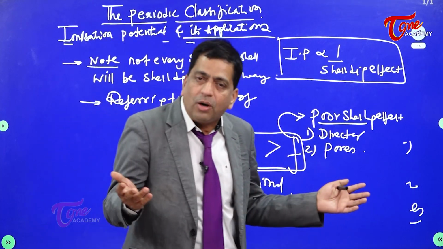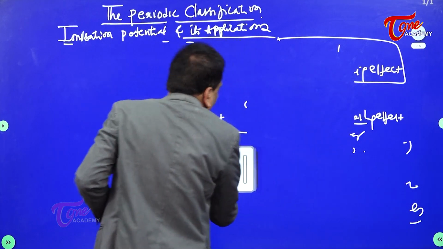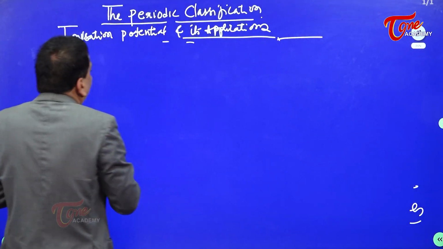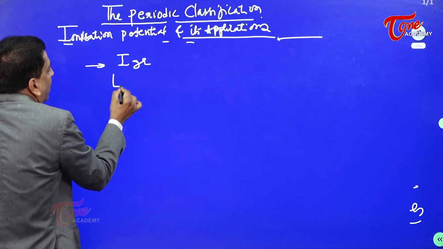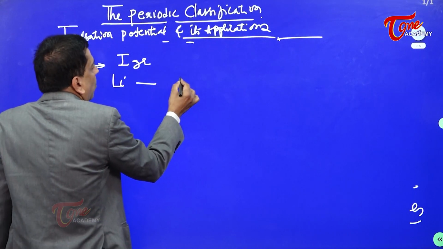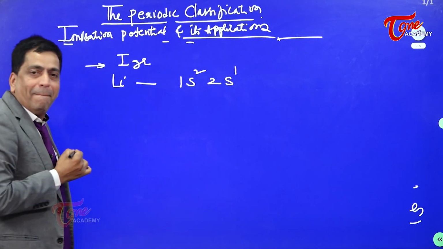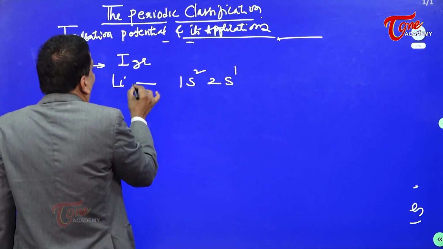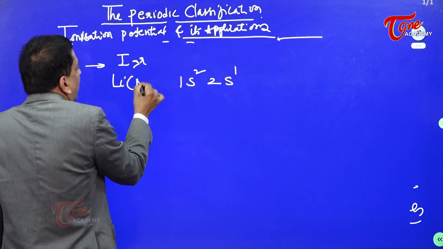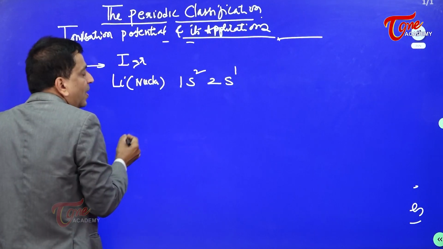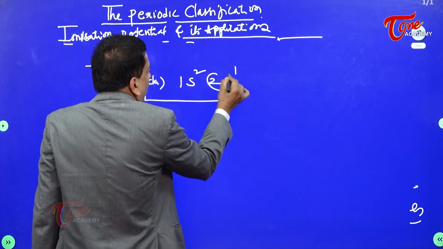Let's apply all this, taking a group. Let's take the first group and check out. Watch carefully here. Look into the first group. If I write lithium, its configuration is 1s2, 2s1. This is the nucleus of lithium, and this is the outermost shell.